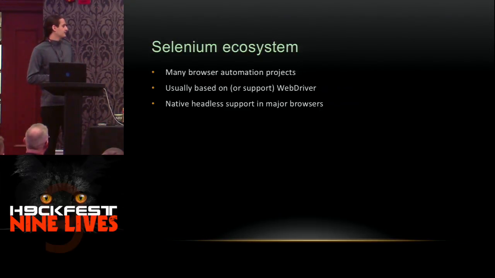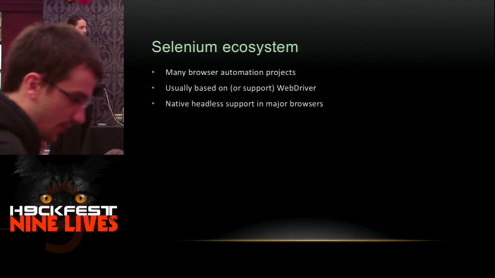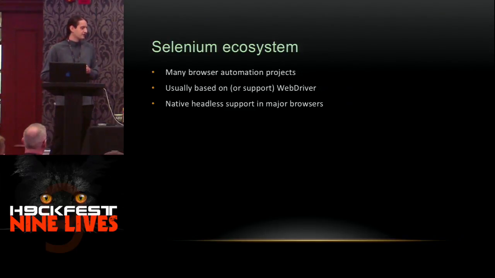The big development now that makes Selenium seemingly destined for dominance in the browser automation space is the increasing native support, native headless support in major browsers. This was a development, I believe, led by Google through headless Chrome, which I think was just made public this year, followed by Firefox.